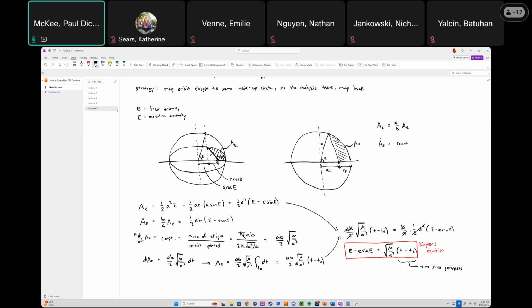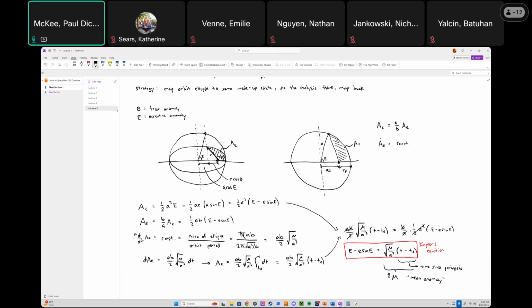So Kepler's equation does not work for any given t1 and t2. It works for time since periapsis. That's an important distinction. Also, the entire right-hand side of this equation is sometimes written as M, or mean anomaly. Just in case you see that written down somewhere, that's what mean anomaly is.